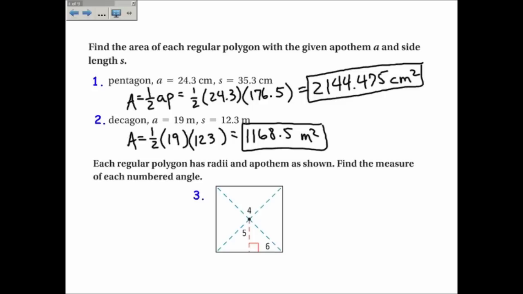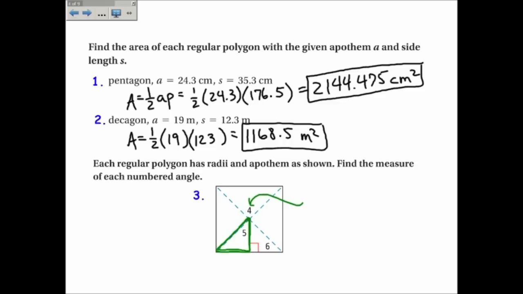But what happens if we're only given one of them? Down here I've drawn out a square, and we'll find out that this triangle down here will be very useful to us, specifically the angles. Angle 4, I know it's a square, and you can look at it and say, well, it's about 90 degrees, and that's true.